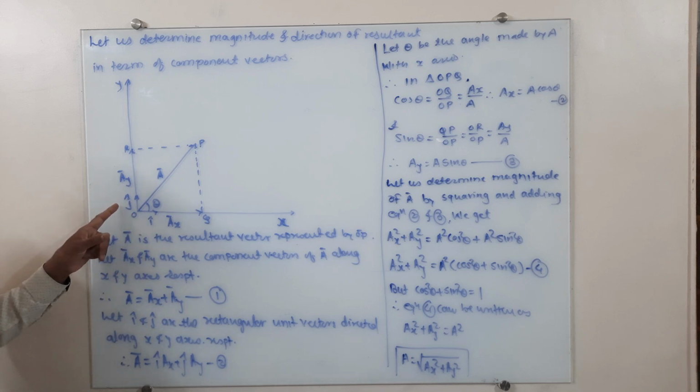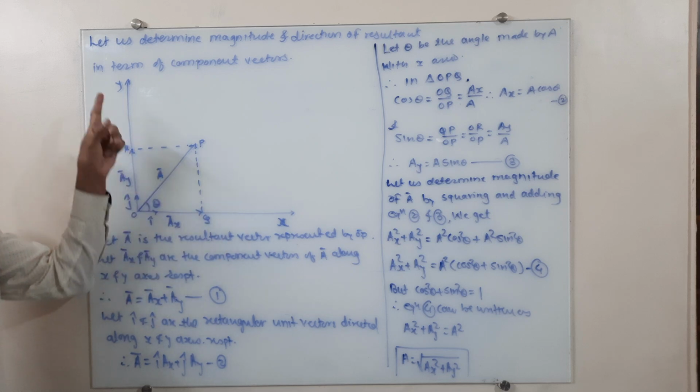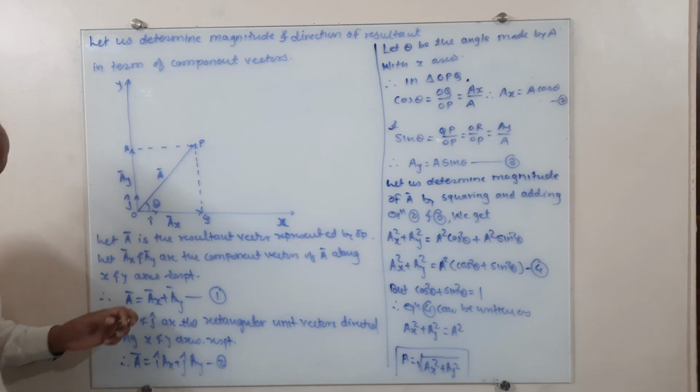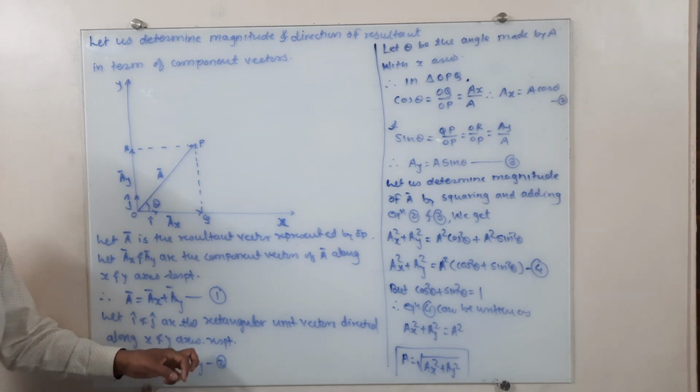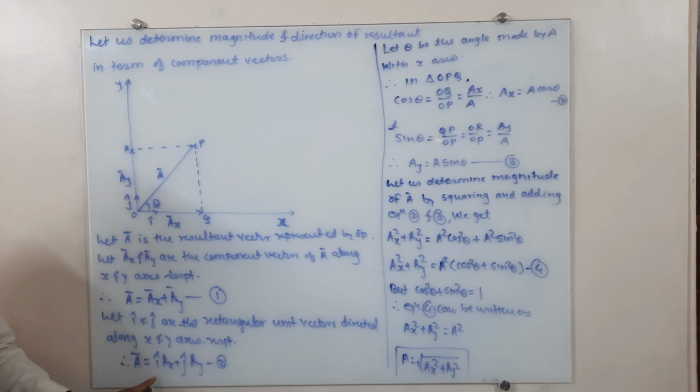I cap and J cap are the unit vectors along the x and y axes respectively. Therefore, this equation can be written as A bar is equal to AX I cap plus AY J cap. Here I cap represents the direction of AX bar, AX represents the magnitude of AX bar, J cap represents the direction of AY bar, and AY represents the magnitude of AY bar.